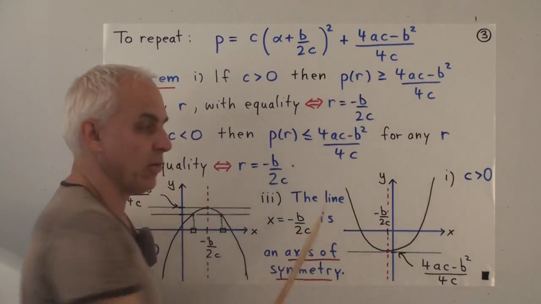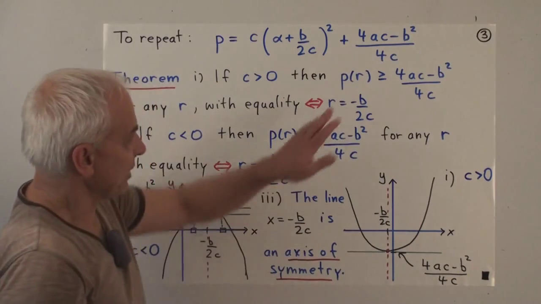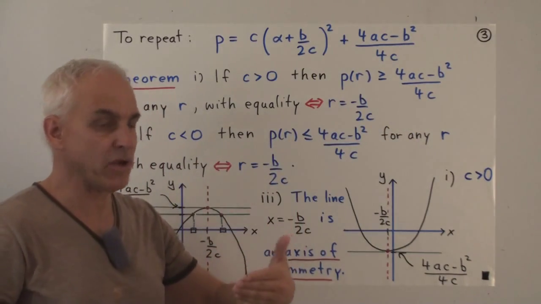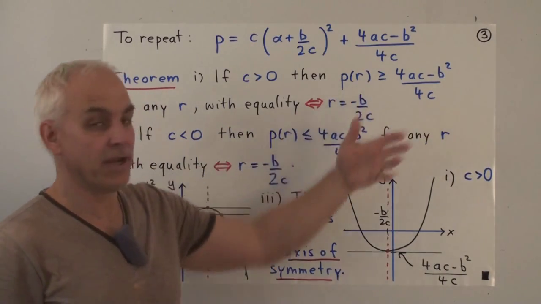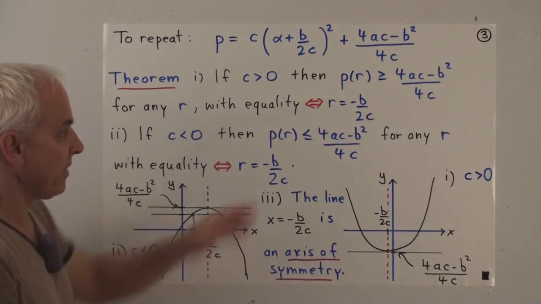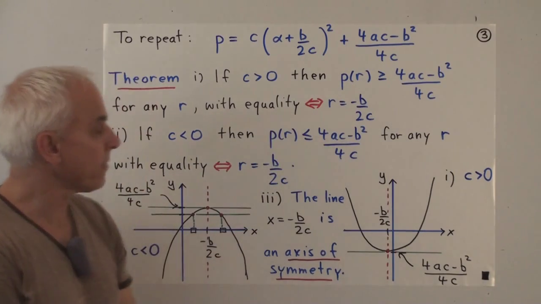If there was an equal sign, it would be an equality. And when we have an inequality like this, telling us this is always bigger than or equal to this, it's usually interesting to ask, well, what about the special case? When exactly are they actually equal? Because that's included here as a possibility. So this second part of the statement is telling us that the equality occurs precisely when r has this value.